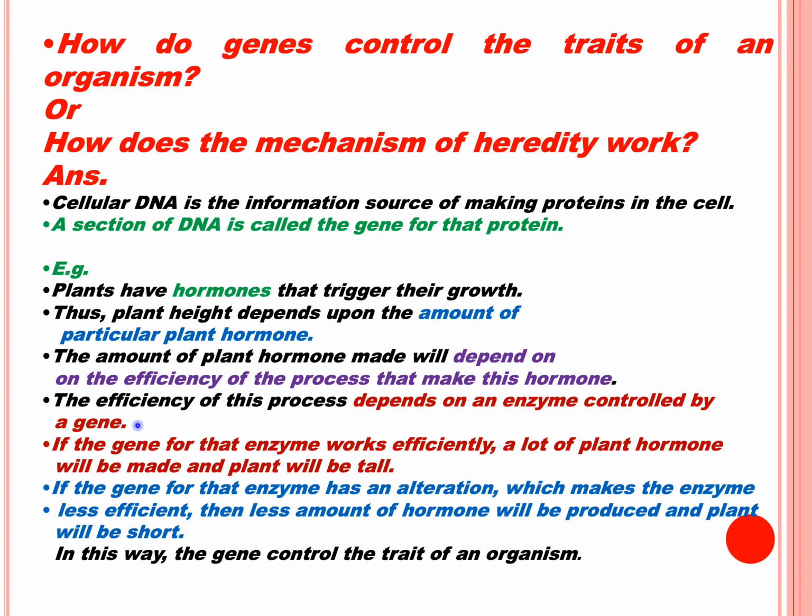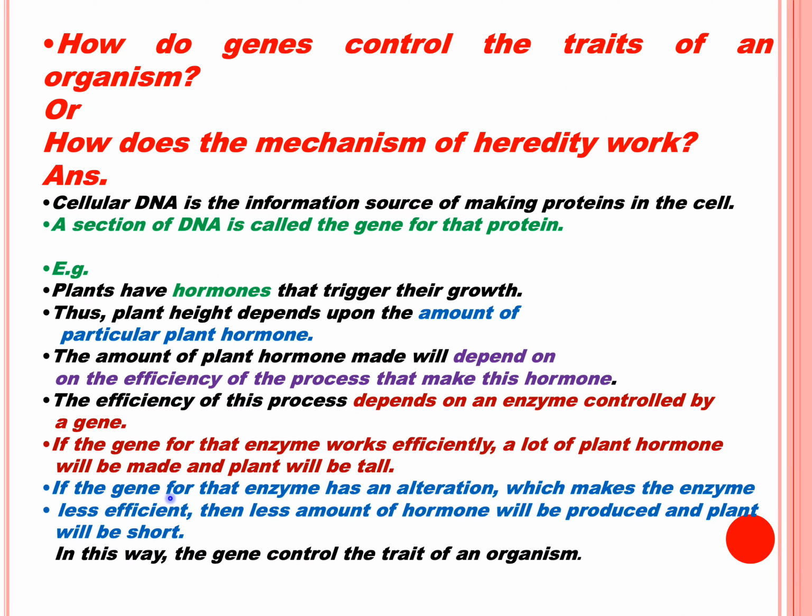It means formation of enzyme depends on the work efficiency of gene. If the gene for that enzyme works efficiently, then a lot of plant hormone will be made and the plant will be tall.